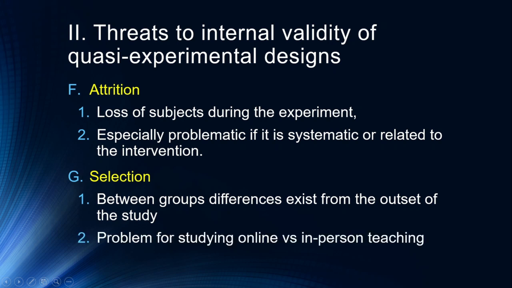One thing that's obviously an important question right now is if we're interested in studying the pedagogical efficacy of online versus in-person teaching. In general, the studies that have been done in the past don't find much difference. The problem is people sign up for online courses because they like online courses, and people sign up for in-person teaching because they like in-person teaching.